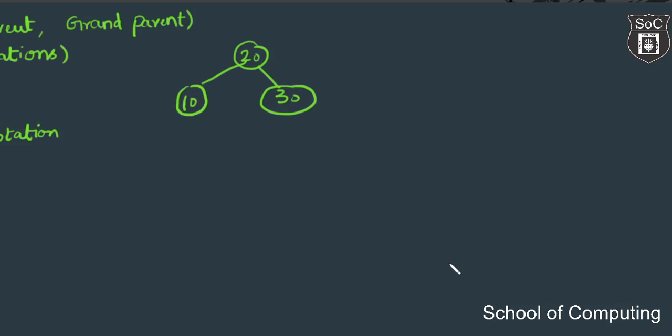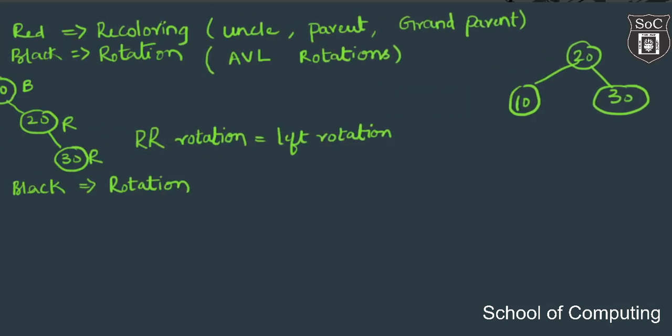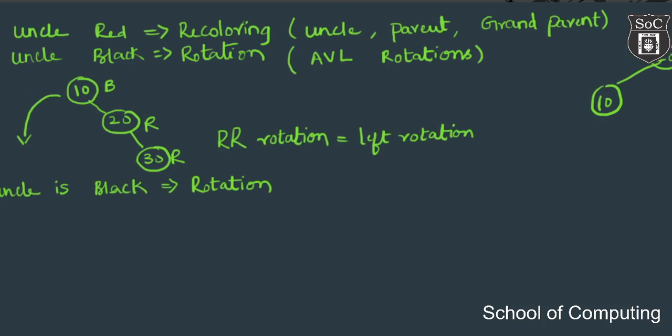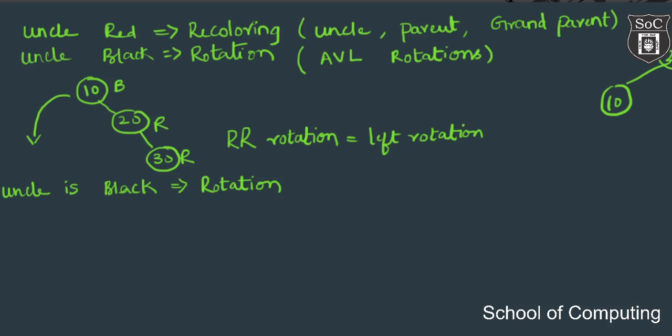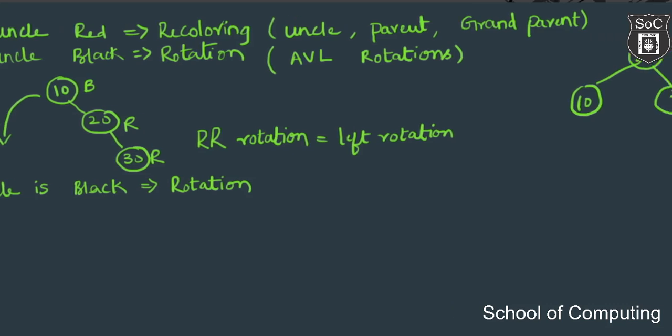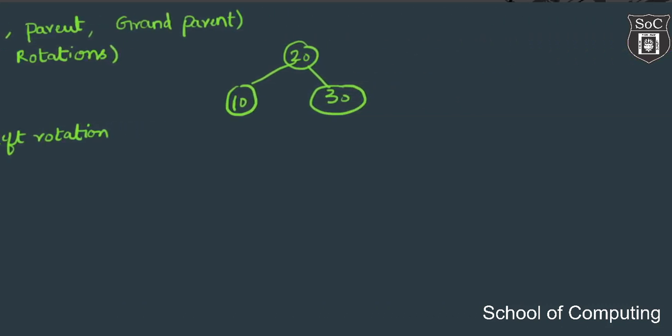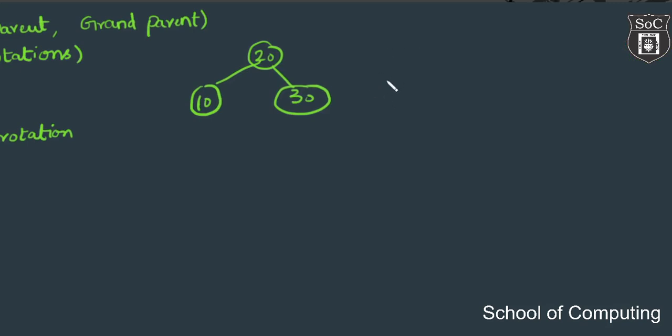Now if you observe the previous colors of the nodes, 10 was black, 20 was red, 30 was also red. Now we have done rotation. In that process, 20 became a root node.